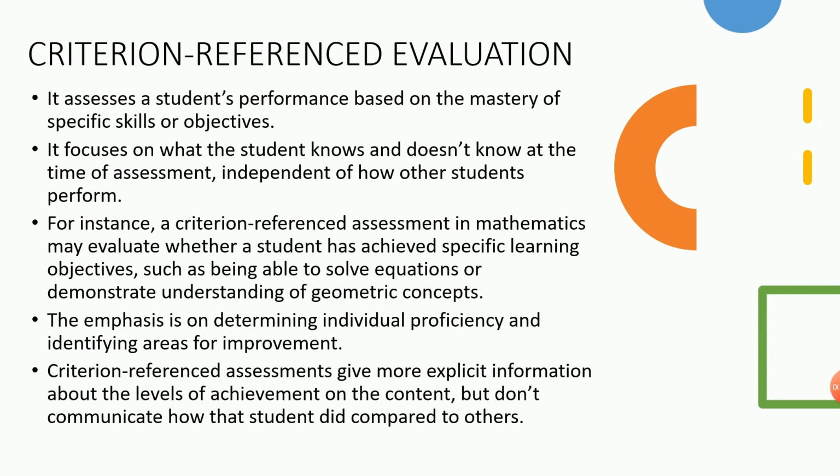Why? Because I might not have certain knowledge. Personally I am not a commerce accounts based student, so I'm not strong with accounts. Another person writing the same exam might be very efficient in accounting. So he might have scored high marks in that subject area and I might have scored less there. So that is the difference. So I cannot compare with other fellows. So this is the criterion referenced evaluation.